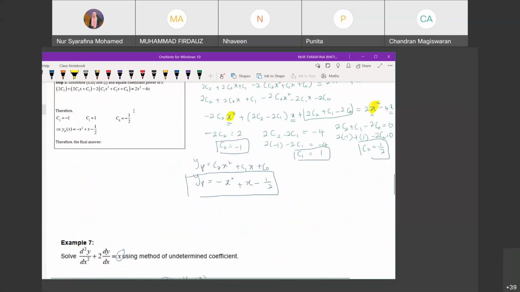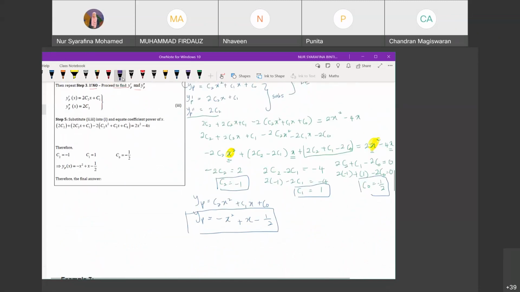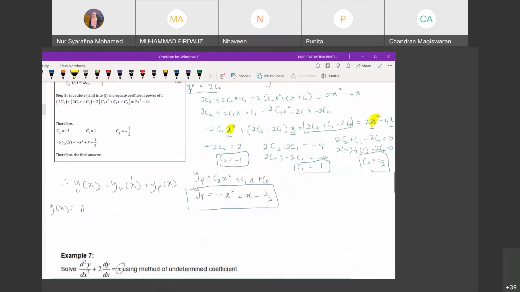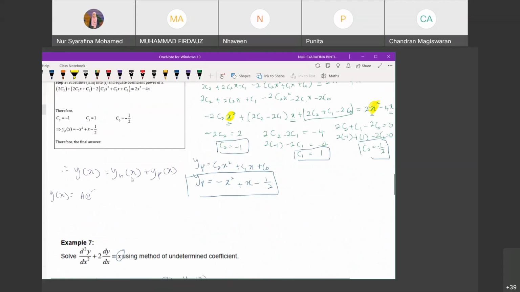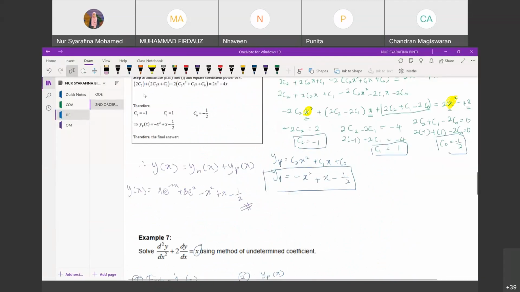Then we can conclude that y(x) equals YH plus YP. Just add them together: y(x) equals Ae^(-2x) plus Be^x minus x squared plus x minus 1 over 2. So this is how you solve a non-homogeneous equation.